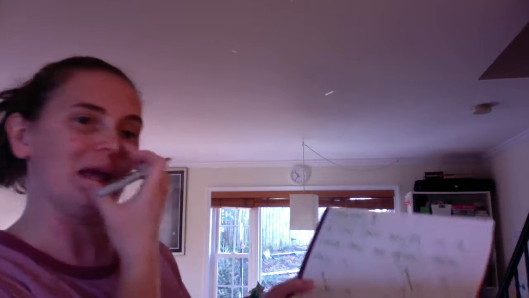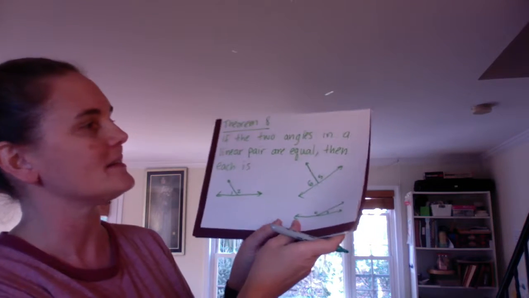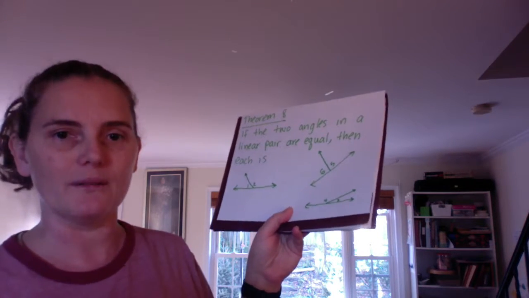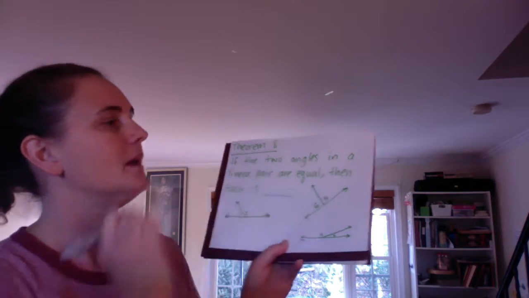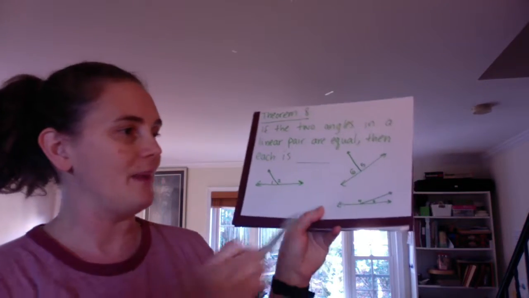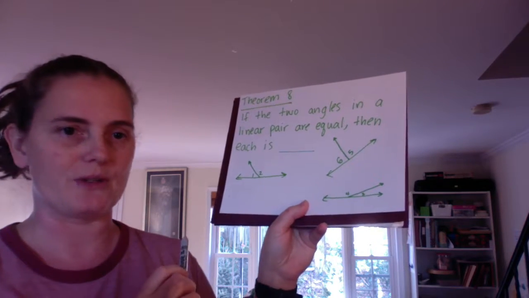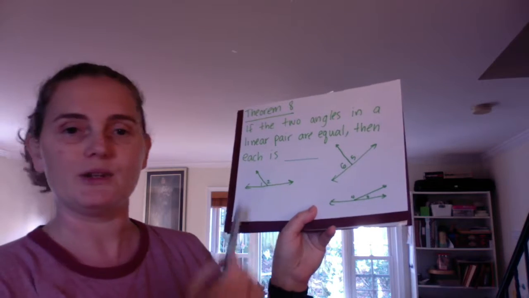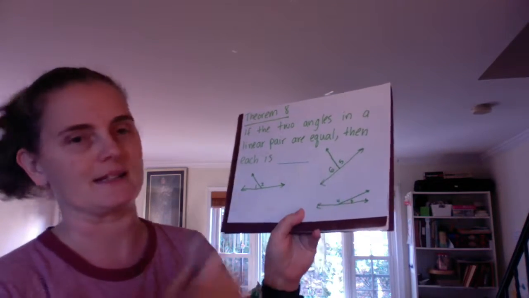All right, the next theorem that you'll be able to finish is theorem 8. Okay, if the two angles in a linear pair are equal, then each is blank. Now, I've made some examples of linear pairs here, and I want you to think about which one of those shows angles that are equal. Is it 1 and 2 that look equal, 3 and 4 that look equal, or 5 and 6 that look equal?